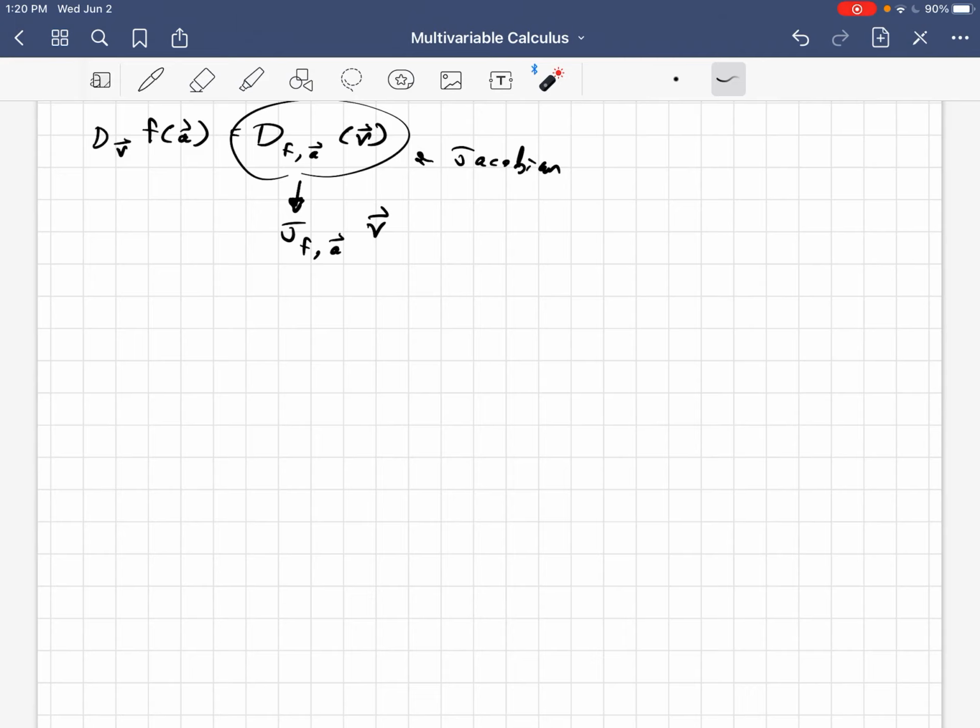Now if we're to look at actually computing this Jacobian matrix, let's consider the jth column of the Jacobian matrix.